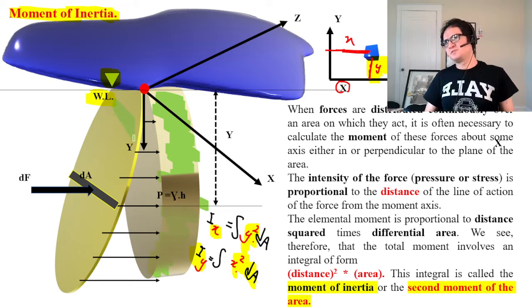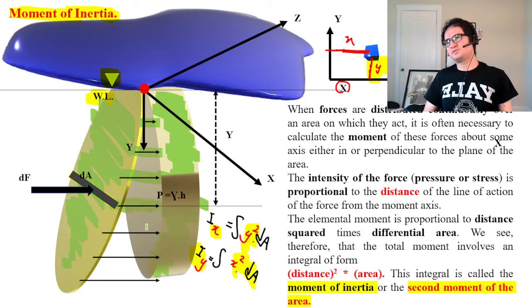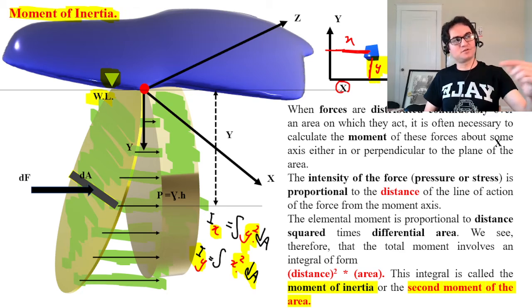The golden plate is the distribution of forces, the pressure on the gate. These arrows show that as you dive deeper in the water, you feel more pressure on the top of your head. So that's P equals gamma h, the pressure is related to the depth and density of your fluid.